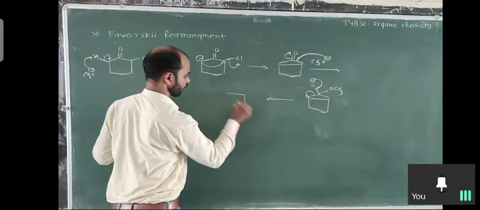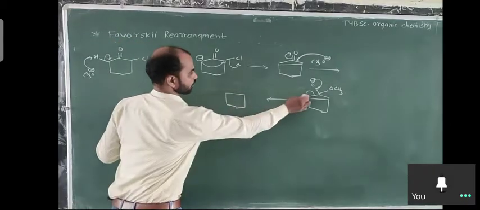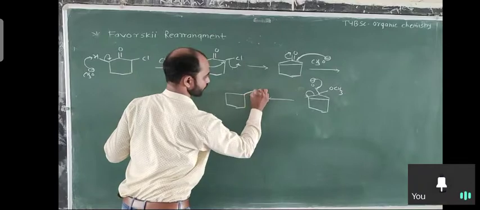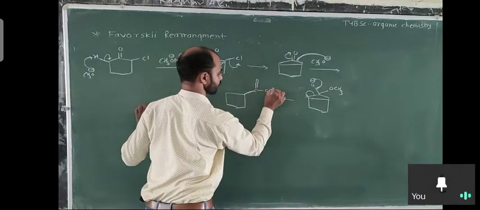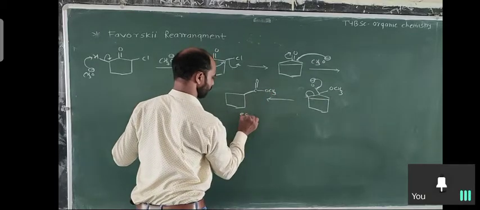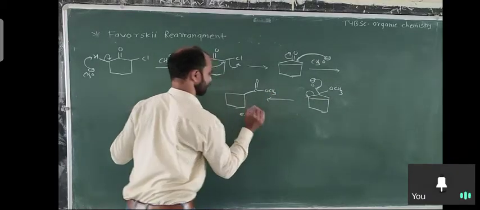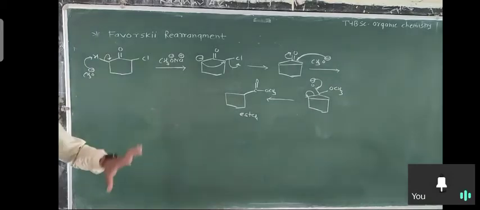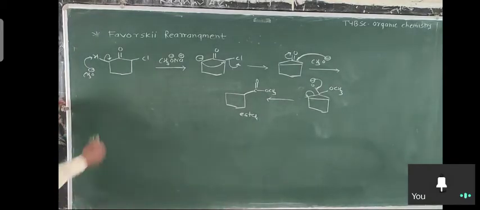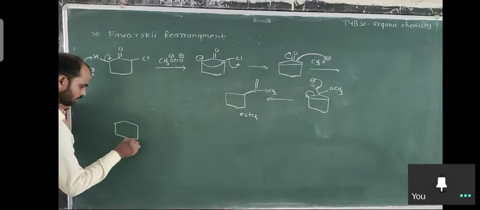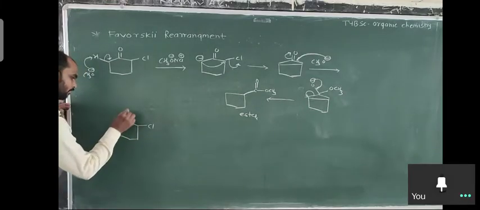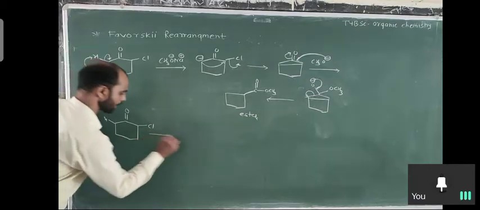So after that, what happened? Okay, this side we open, so this side has the carbonyl carbon back, OCH3, so ester, formation of ester. So this way we can use another reaction for the same. Suppose we used RNH2.